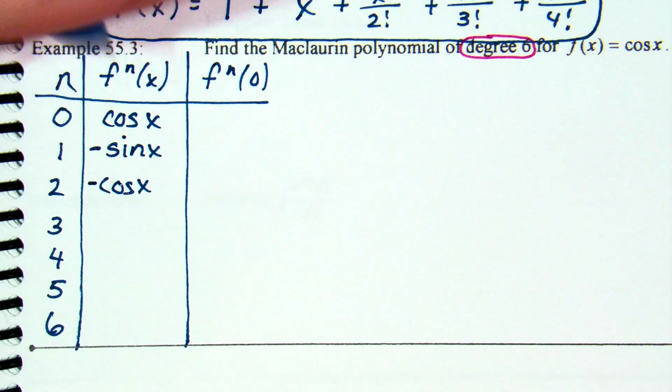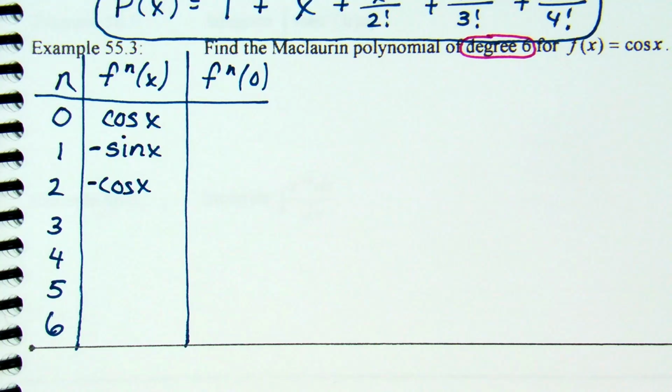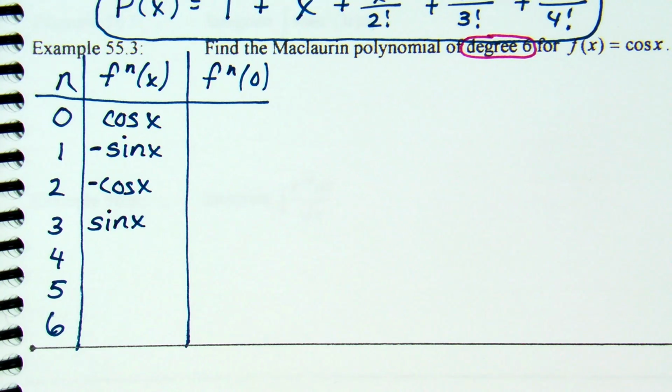However your brain works it through, right? Third derivative. What's the derivative of negative cosine? Positive sine x. Yes, because normally the derivative of cosine is negative sine, so the derivative of negative cosine is positive sine.